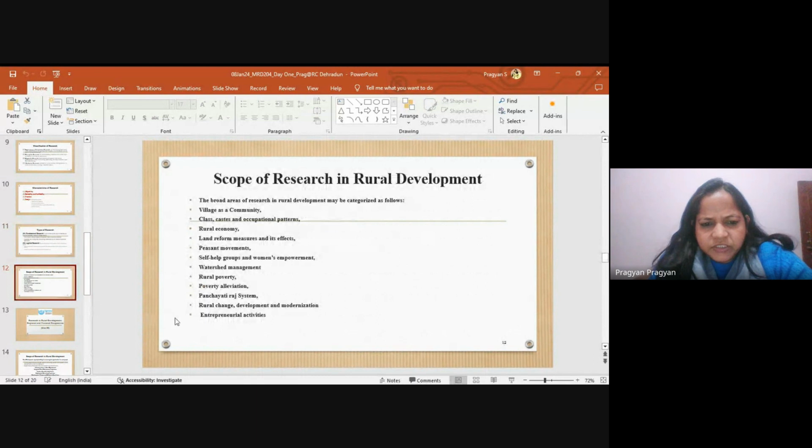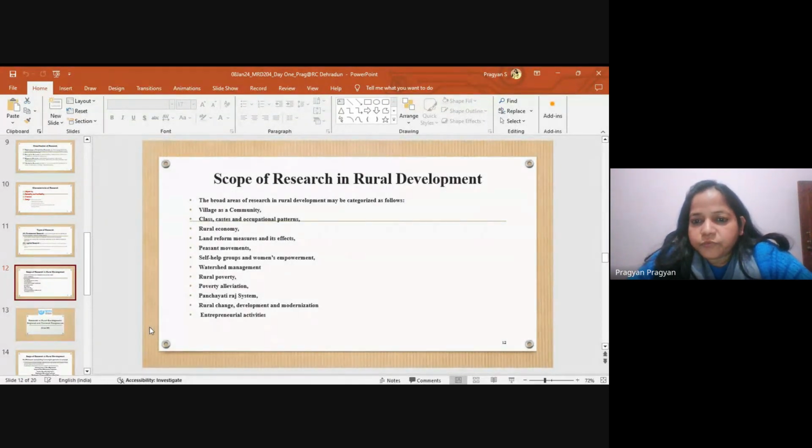This is a very general thing in a sense, but it is very important to understand because it is actually telling us that the scope of research in rural development is extensive and very wide. That is why research methodology, or your command, your refinement in research methods in rural development is very crucial.